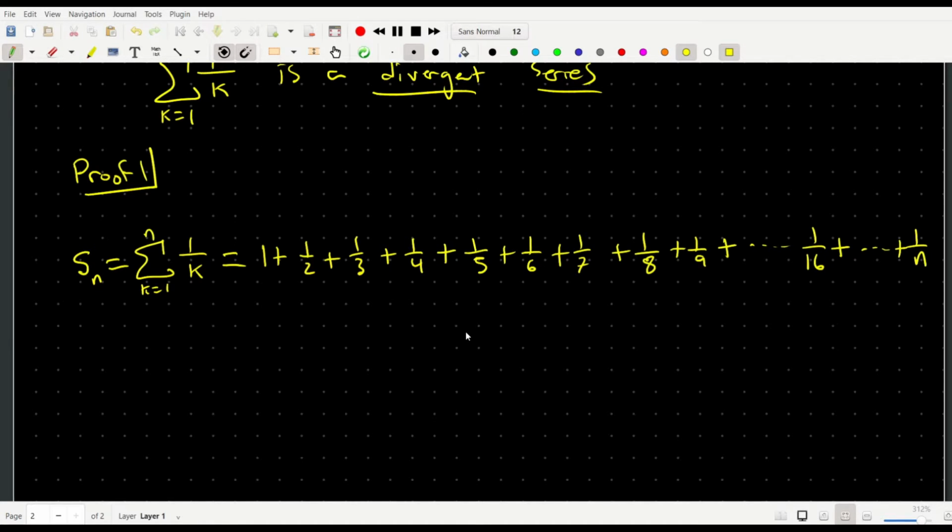And hopefully you can see that one of the things that we can do is group these terms in a very specific way.